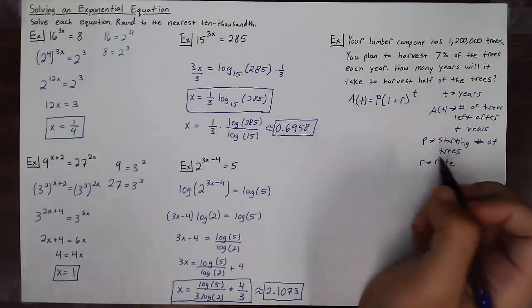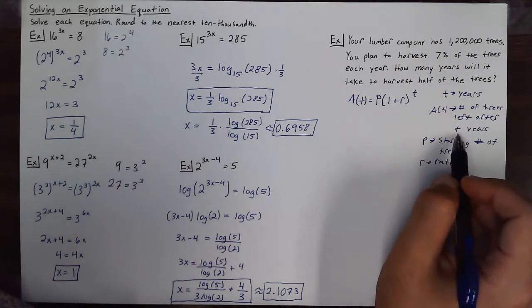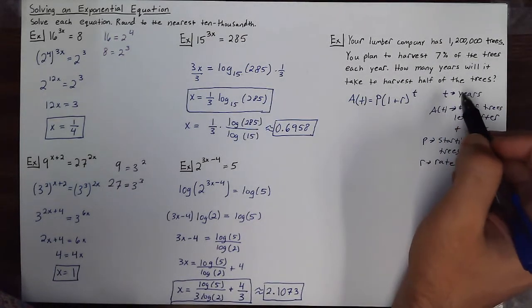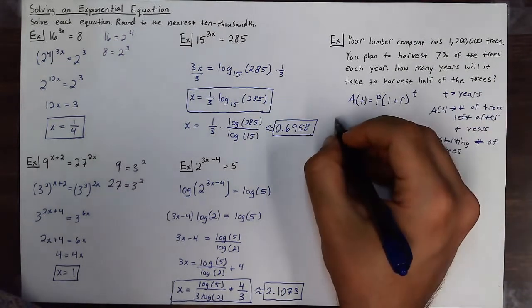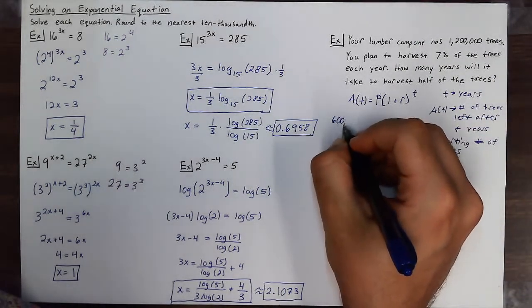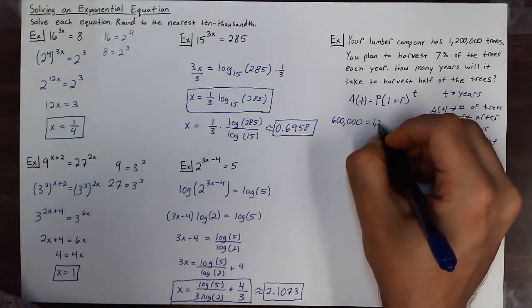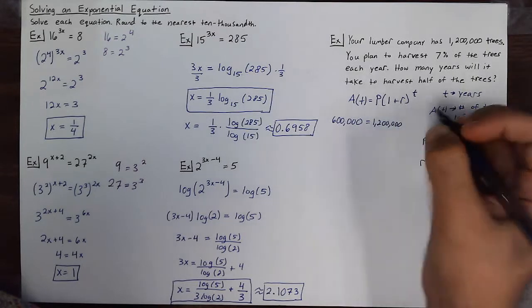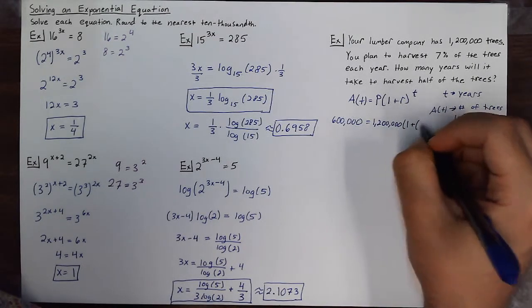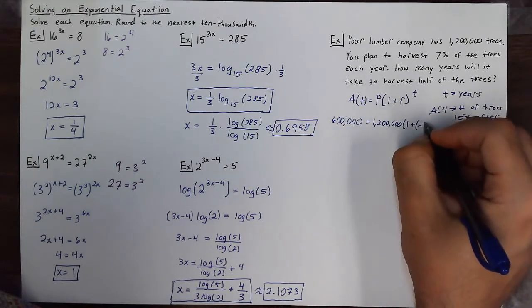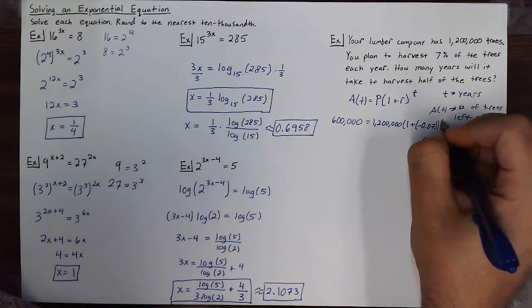So plugging everything in, the number of trees I would have after t years, I want half of the trees, so half of 1,200,000 would be 600,000. The starting number of trees is 1,200,000. Then 1 plus your rate, which is a negative percentage, so negative 0.07, and then raised to the t, which is what I'm looking for.